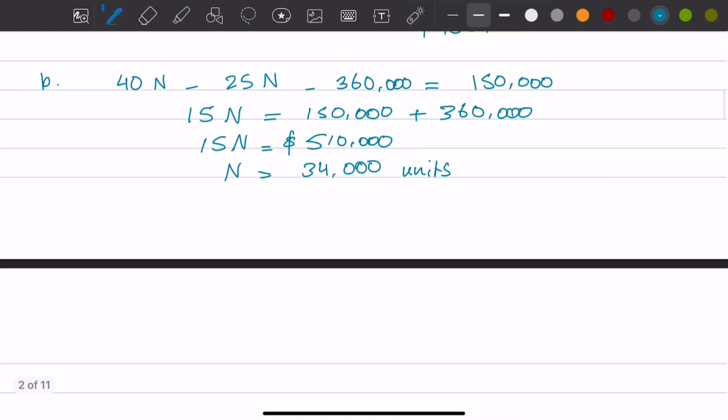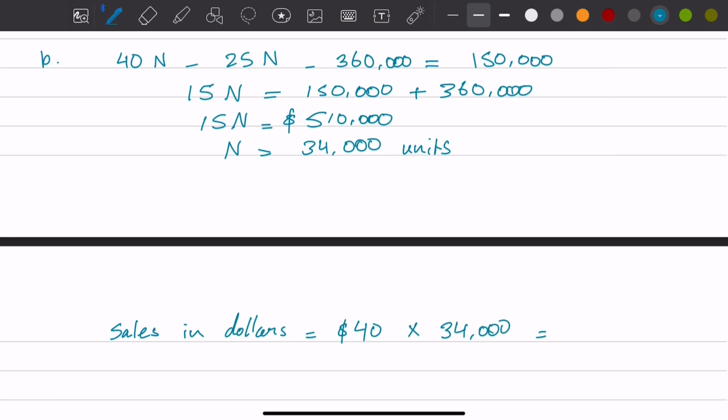So we'll call it the sales in dollars equals the selling price per unit, which was $40, multiplied by 34,000 units, and that will give us 40 multiplied by 34,000 equals 1,360,000.